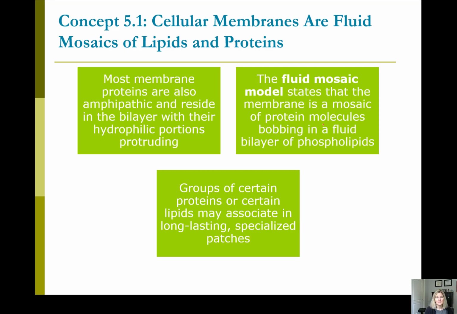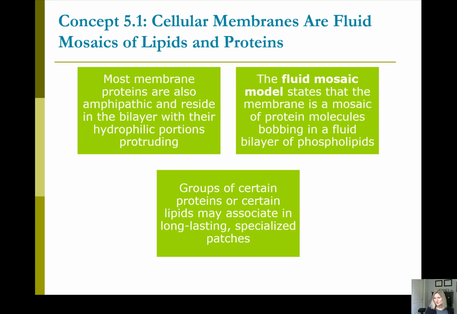It's not just made of the phospholipids. So we have proteins and other things in there and protruding from it. And then when we look at it, we'll see how those proteins and certain lipids form these little patches, which is why it's that mosaic pattern.